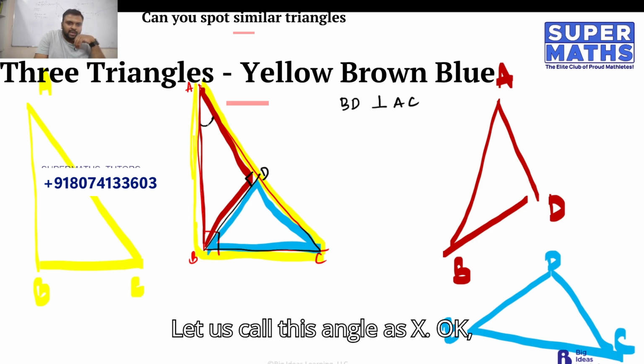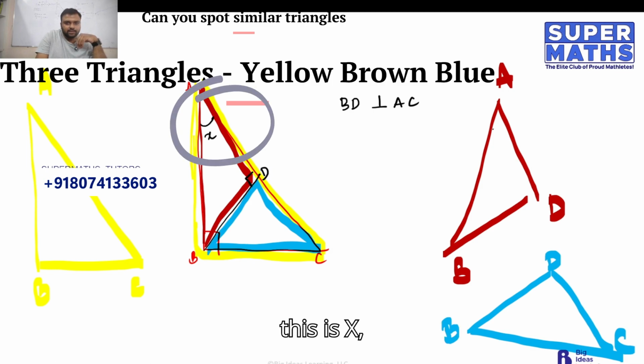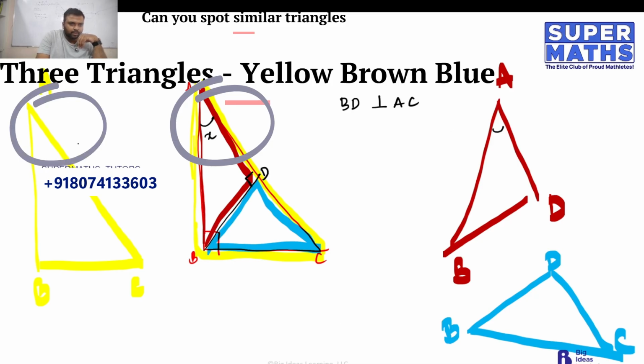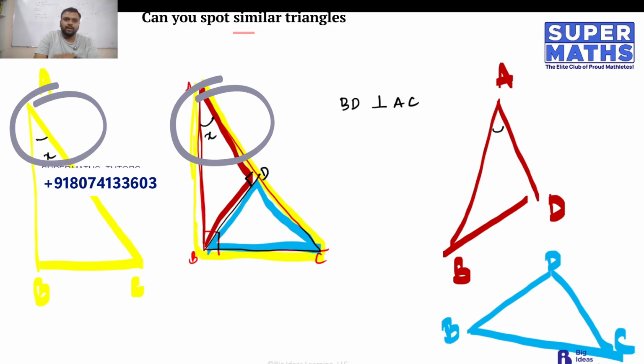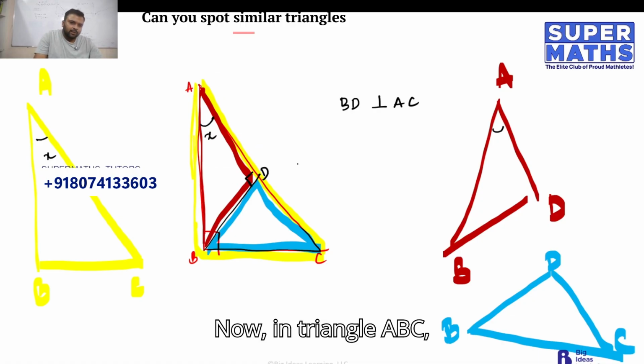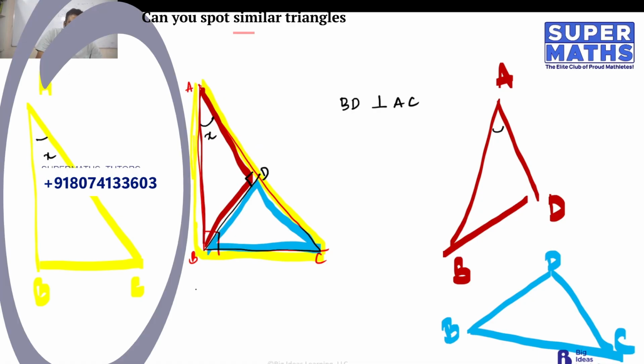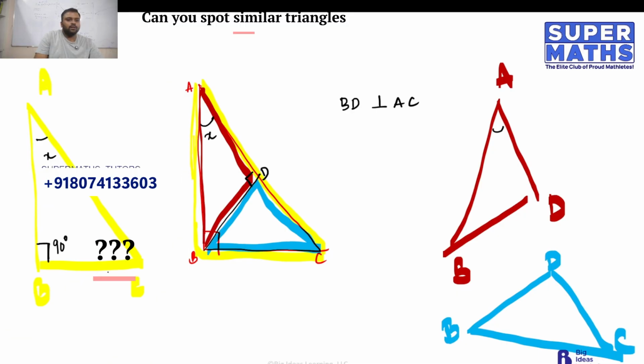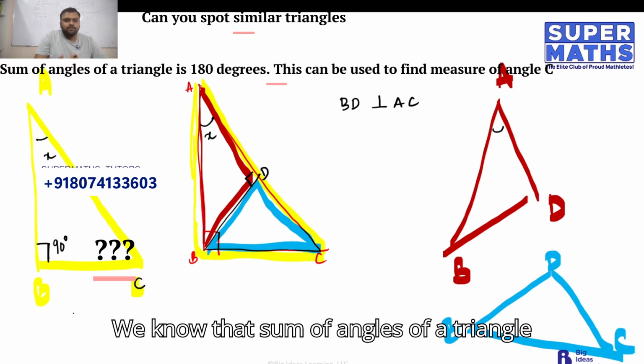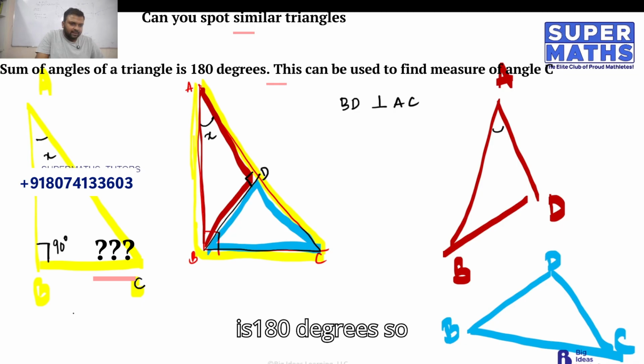Let us call this angle X. Okay, this is X, so this is X. Now in triangle ABC, you have this to be 90 degrees. Now what is angle C? We know that the sum of angles of a triangle is 180 degrees.